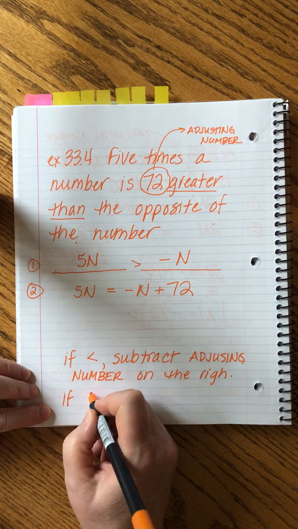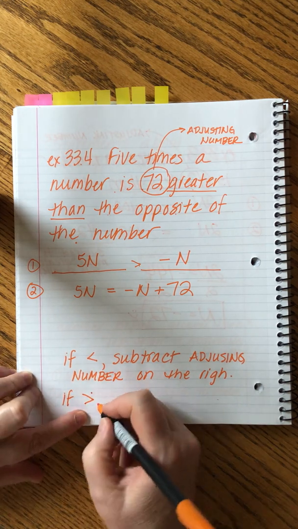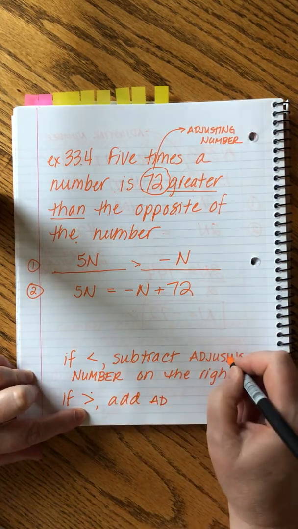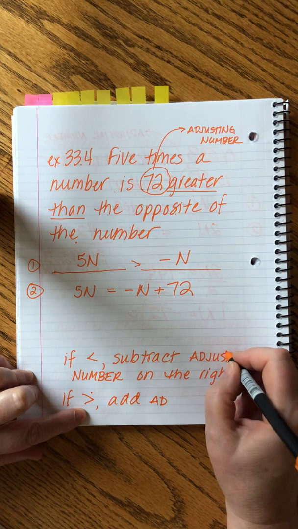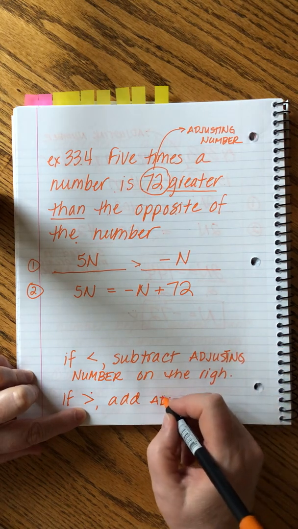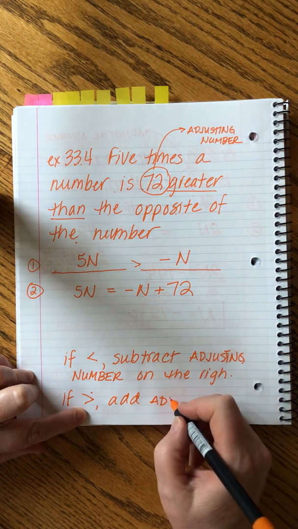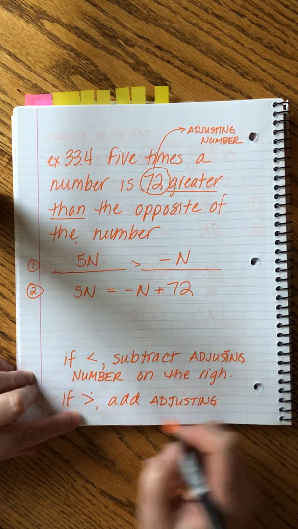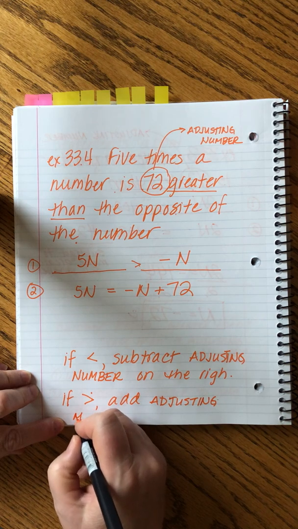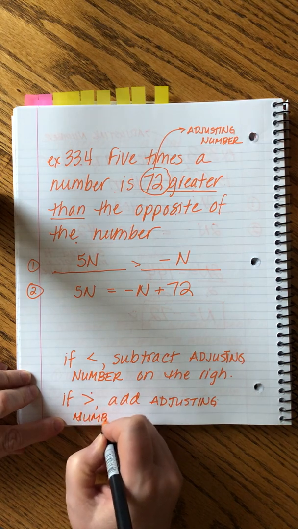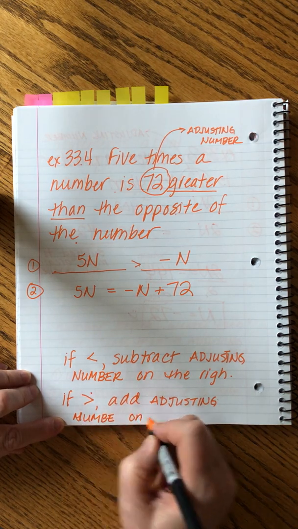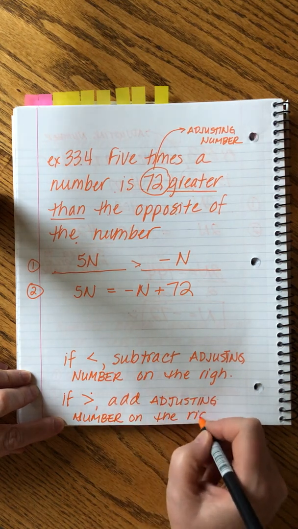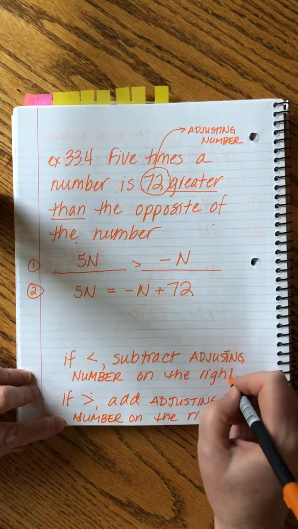If it's the other way, if it's greater than, then we add the adjusting number on the right. Oh, I'm having a hard time getting my words out, aren't I?